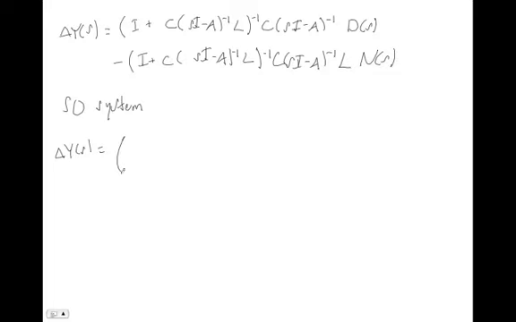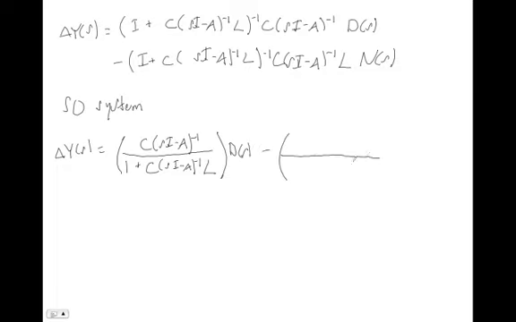So we can write things like that, and I get this fraction that looks like 1 plus C (sI minus A) inverse L in the denominator, and in the numerator I have C (sI minus A) inverse. So this is the transfer function for disturbance, and then on this side I get the exact same denominator.